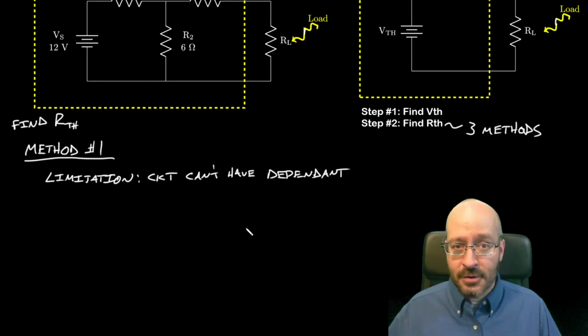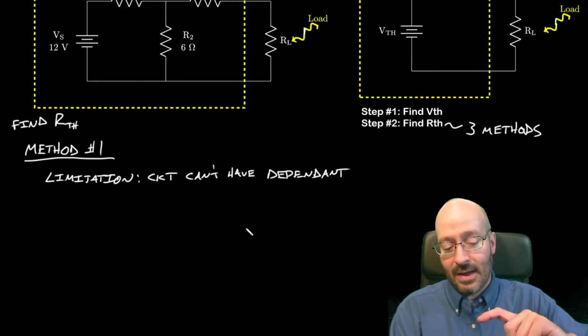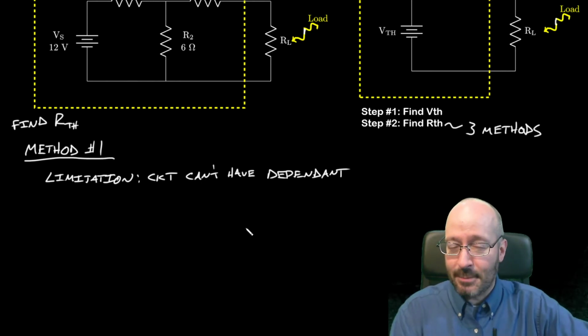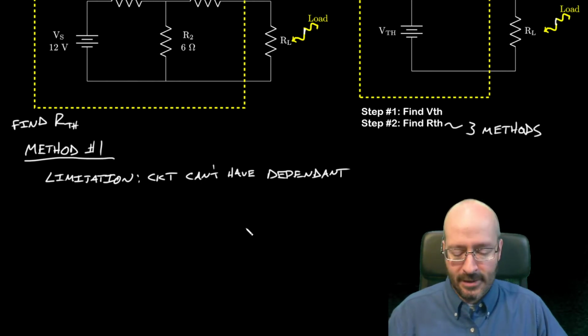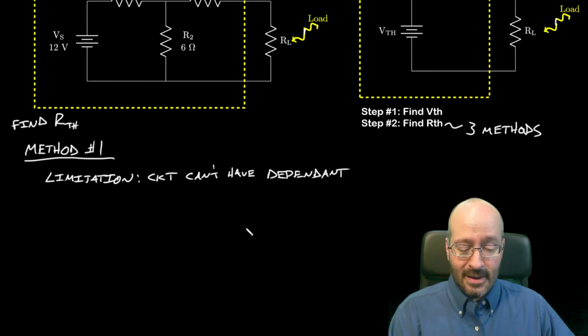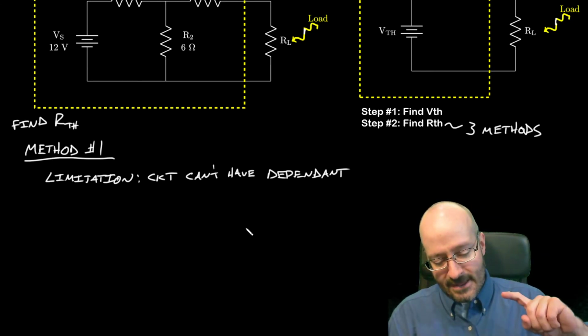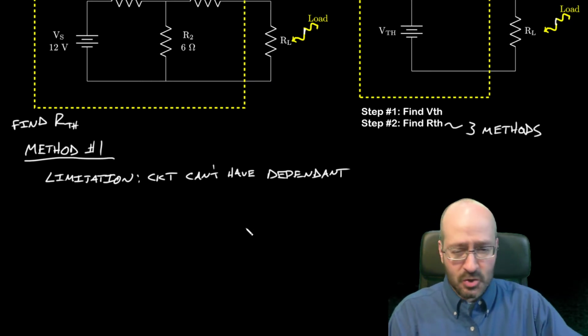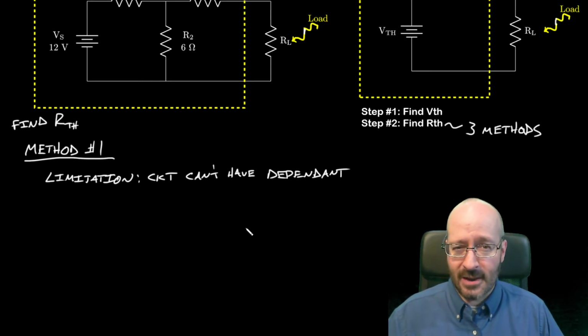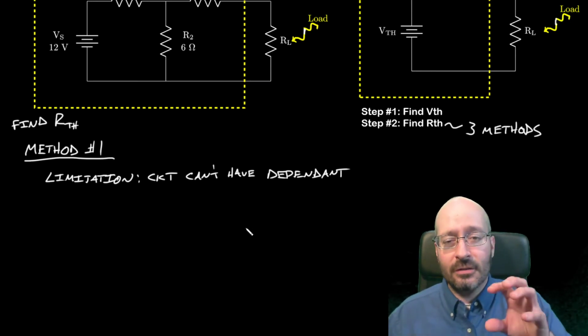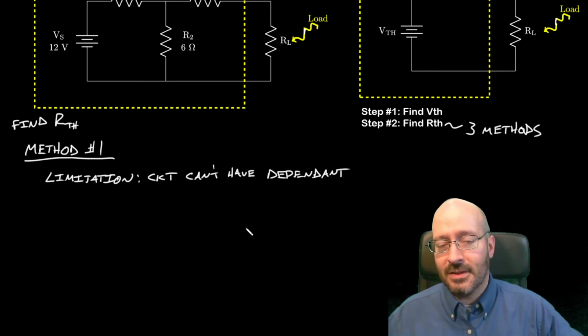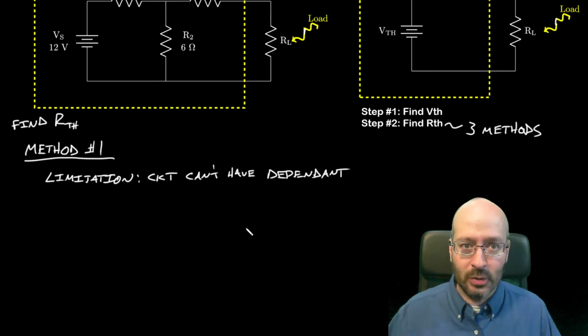As soon as you introduce a dependent supply, so anytime you have an op-amp and you're modeling that op-amp, you can do that with a dependent supply. If you have a transistor, if you have a control system, if you're talking on the mechanical side, you're going to do that with a dependent supply as well. All of those cases, method 1's out the door, but a lot of times it's the only one you learn.